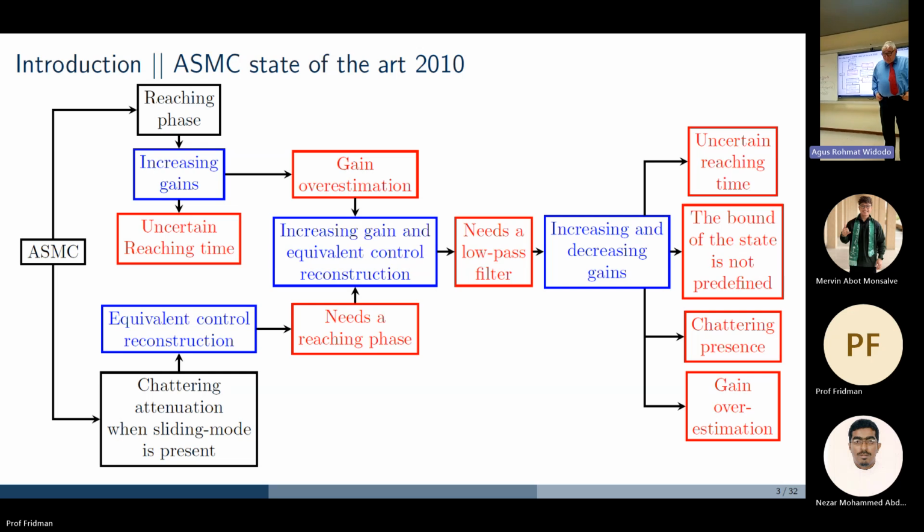So what was the idea? The second idea, and it was the final issue.